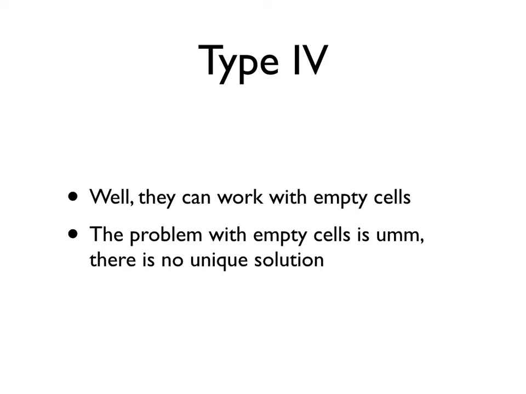It's more matrix algebra, so I'm not going to tell you how to do it. But the values of the sums of squares change depending upon the order you actually do the calculations in. So there's really no unique solution.